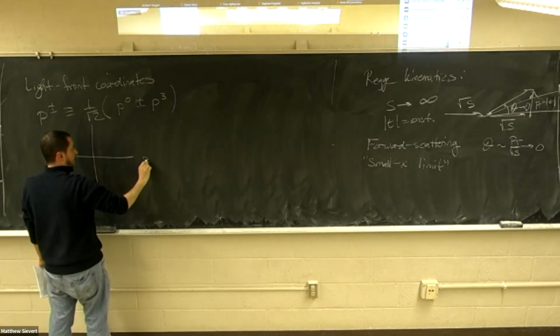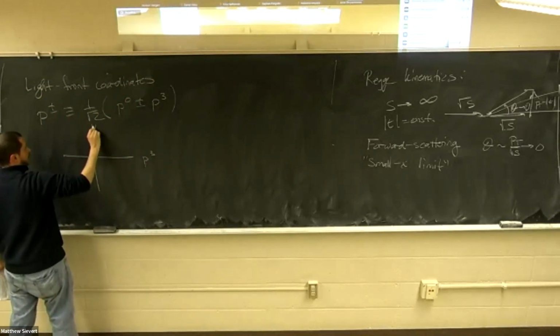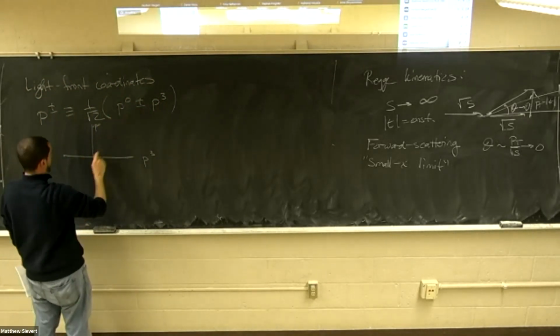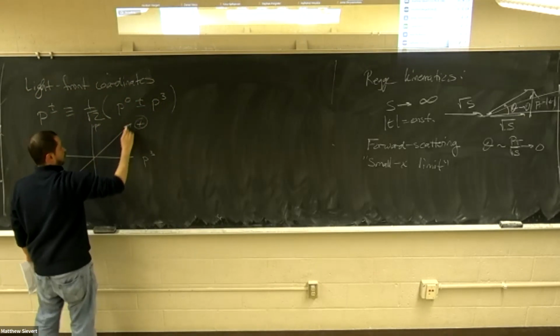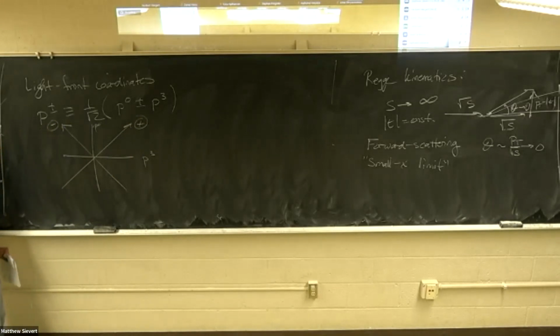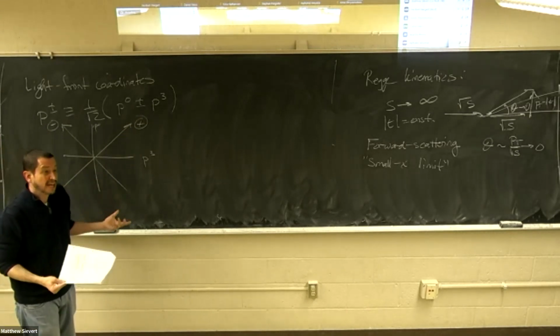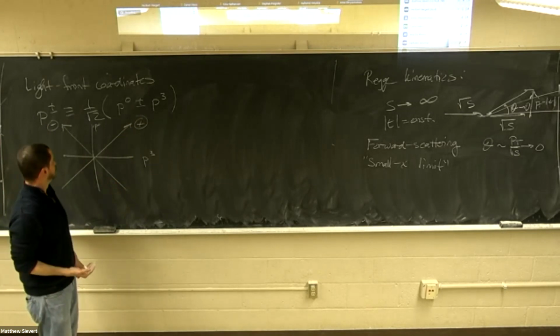If I have the z component of momentum along the horizontal axis and the time-like or energy component along the vertical axis, then this linear combination describes the line y equals x, that's the light cone plus direction, and the line y equals minus x, that's the light front minus direction. And those are very natural coordinates to use when describing the behavior of particles scattering in light-like kinematics, s going to infinity.